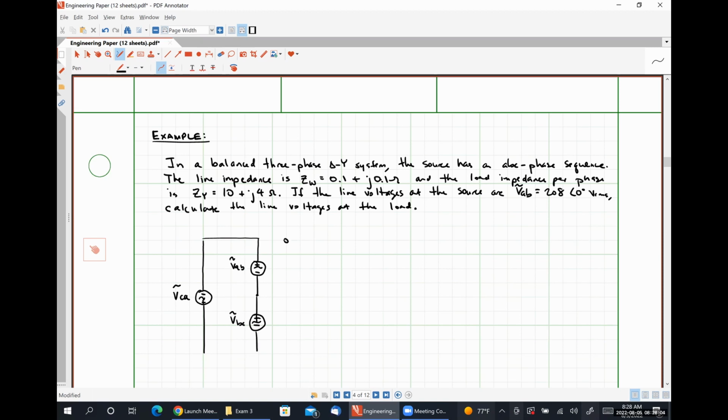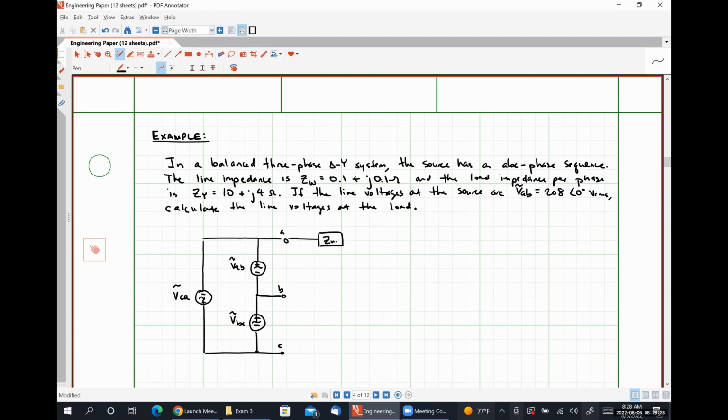And I'm going to draw my transmission line terminals here. So this is lowercase a because it's on the source side, lowercase b, and lowercase c. I do have a transmission line impedance, so I'm going to put in my transmission line right here.